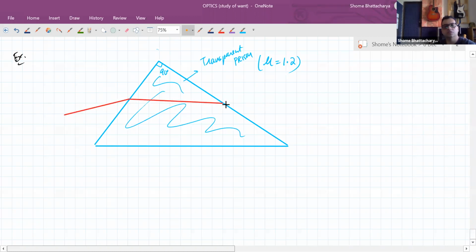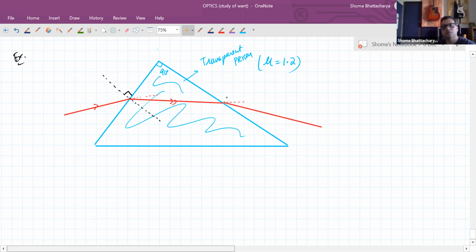So it bends towards the normal first, and then bends away from the normal. So now if I draw the normal at this point, okay, this is the normal.